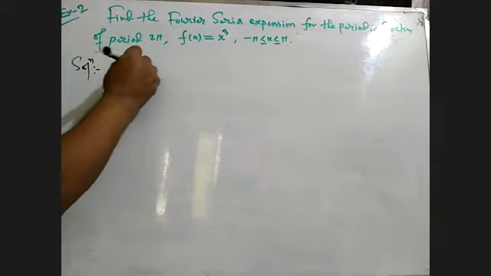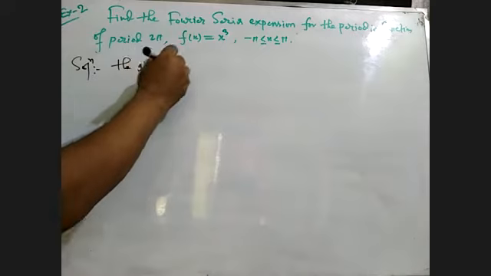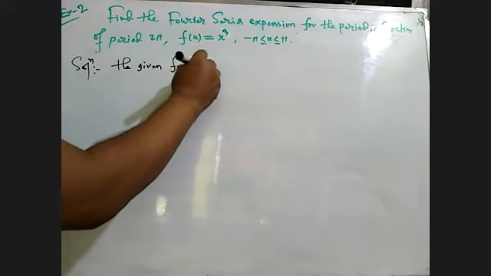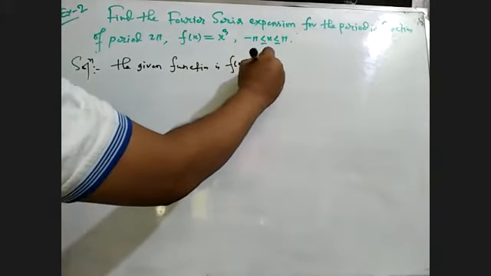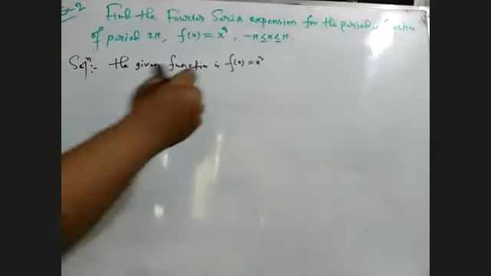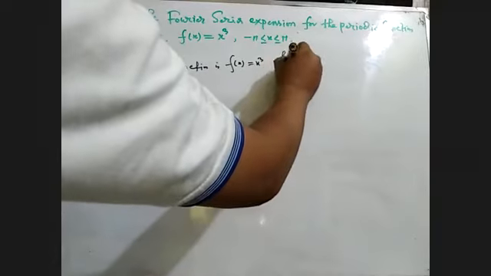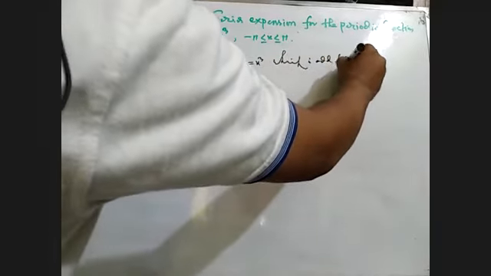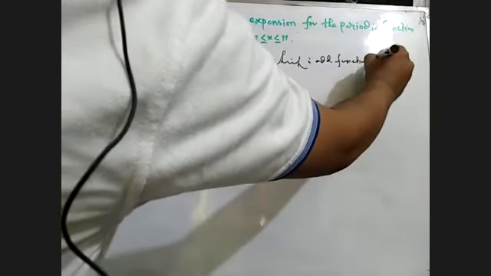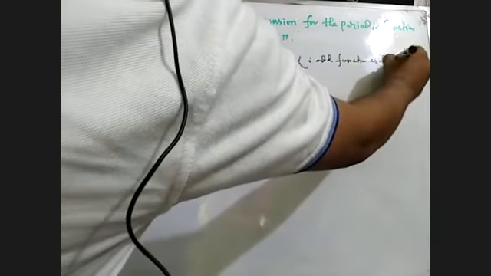The given function is f of x equals x cube, which is an odd function. See, f of minus x equals minus f of x.